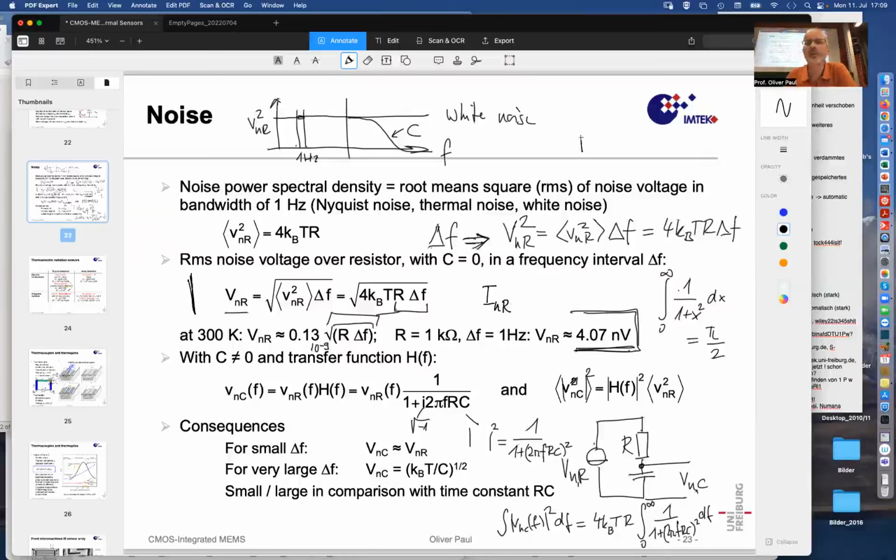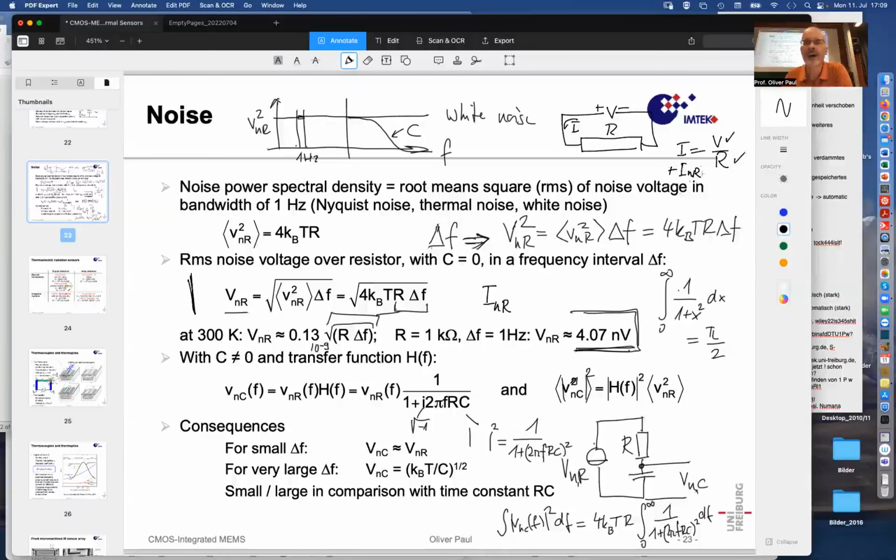If you power a resistor with a given voltage, and you measure the current that flows through that resistor, of course you will say the current is going to be V over R. But there will be also some stochastic noise current adding to that fixed value of current.